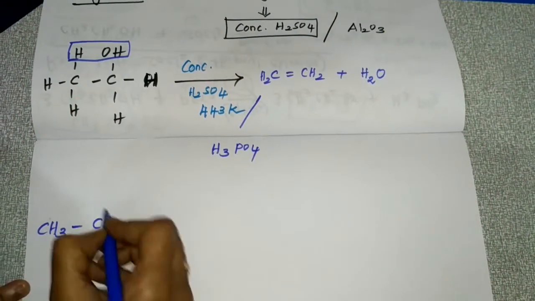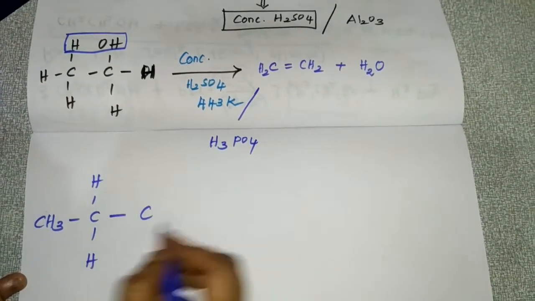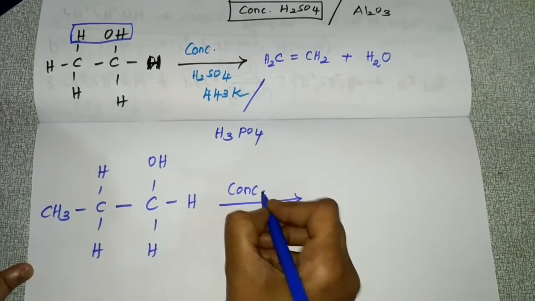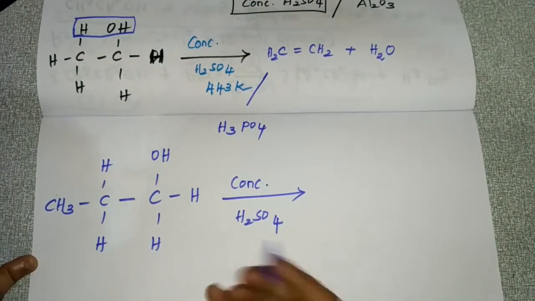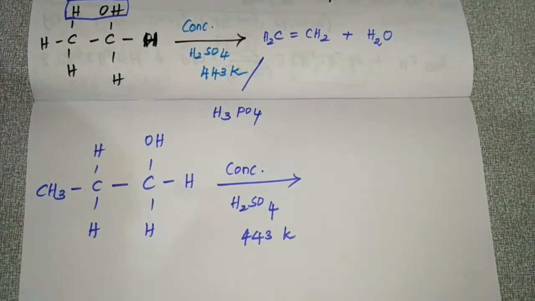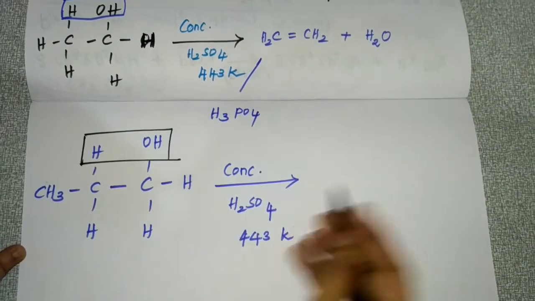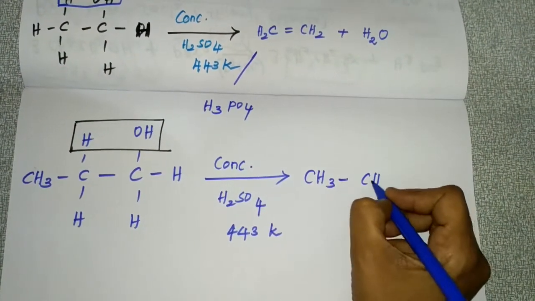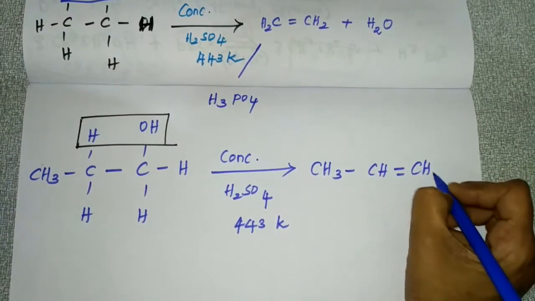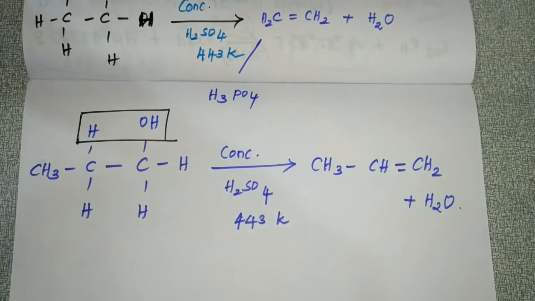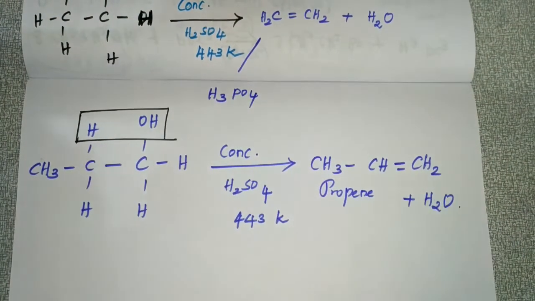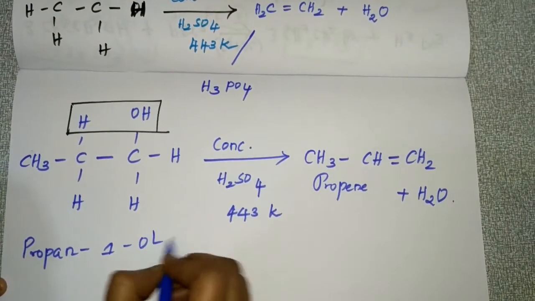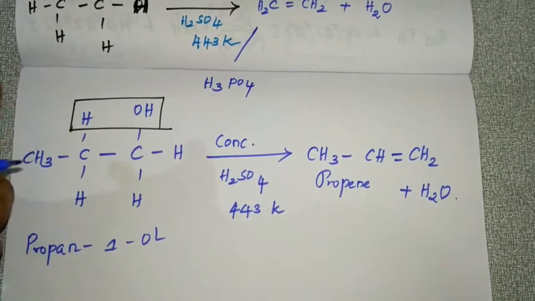Propanol, CH3CH2CH2OH, in the presence of concentrated sulfuric acid, and here also the temperature is 443 Kelvin, water will get removed and the product formed will be CH3CH=CH2 plus H2O, that is propene. So this is the dehydration reaction.